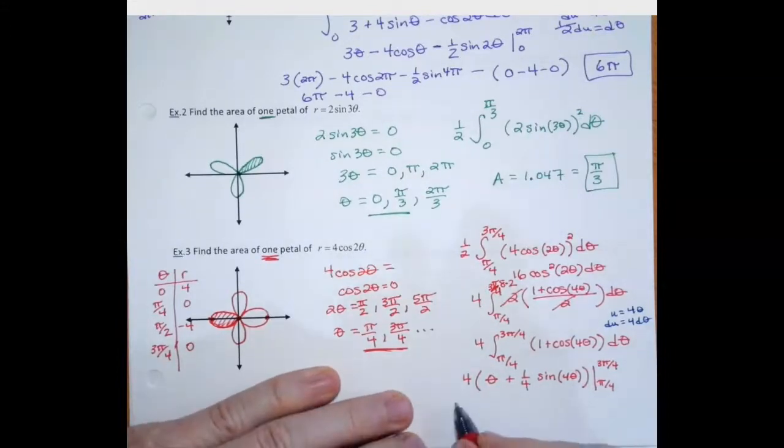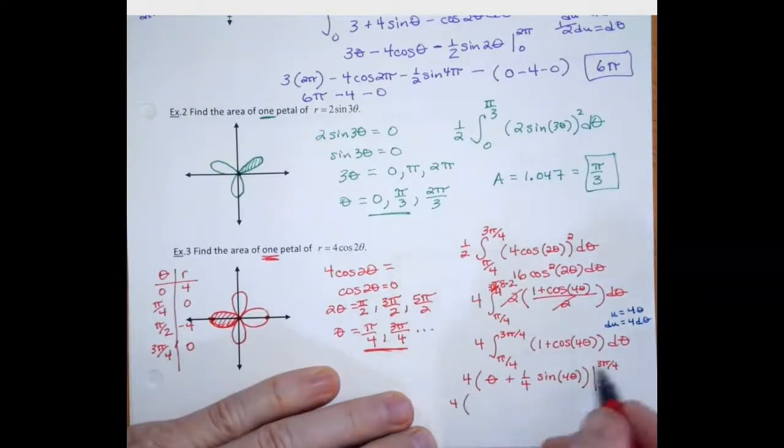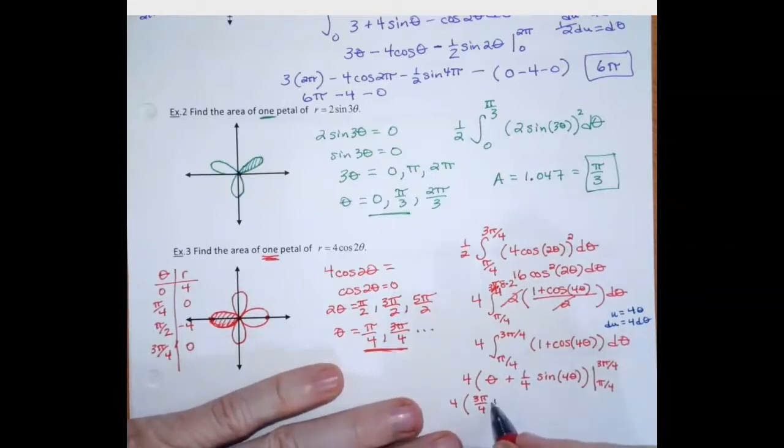So now if we substitute that in, it's going to be 3 pi over 4 plus 3 pi over 4 times 4, that's going to be 3 pi. The sine of 3 pi is 0, so that's going to be 0, minus pi over 4, and then this would be distributed.